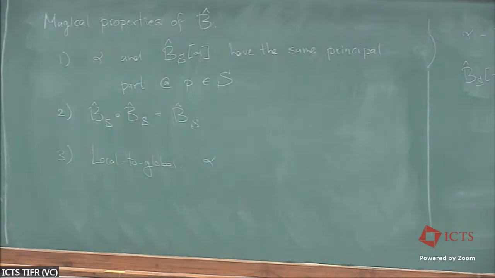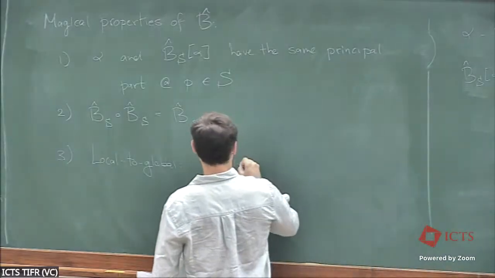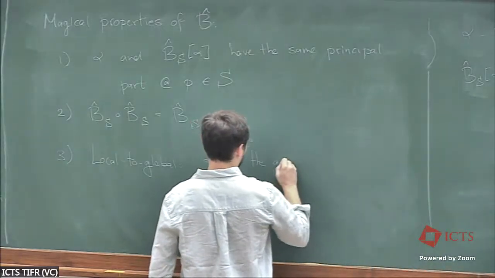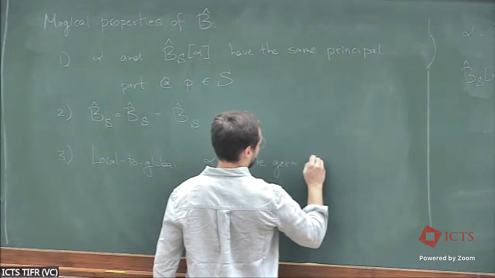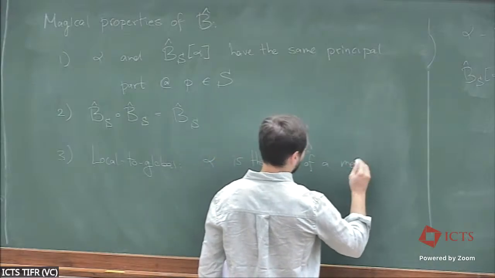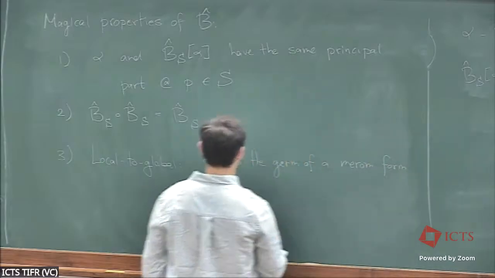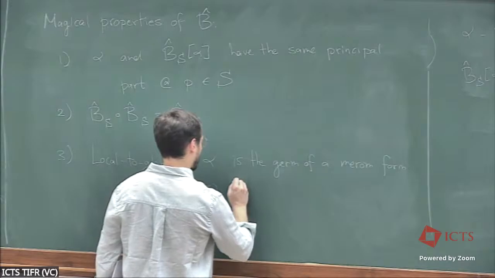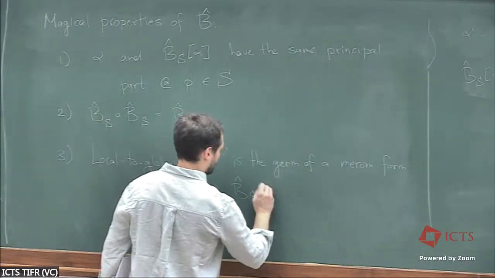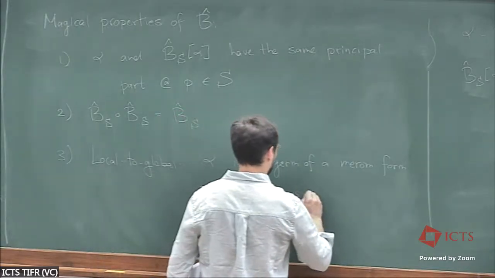I only care about the behavior of alpha around the ramification points P. So I can actually take alpha to be just a germ of a meromorphic form. Even if alpha is the germ of a meromorphic form, then B hat of alpha is actually globally defined.